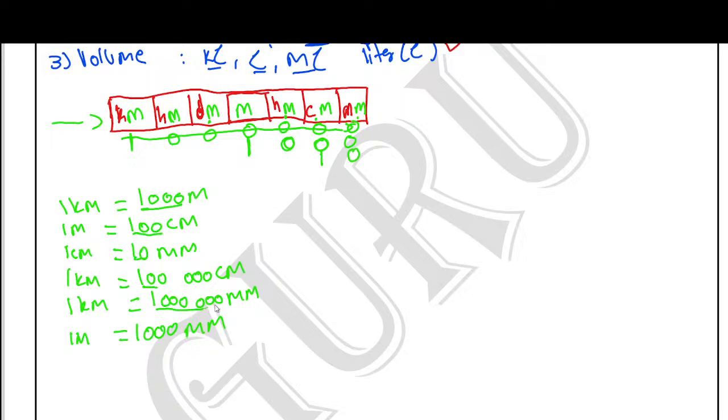We call them relationship numbers, meaning that the relationship number between kilometers and meters is 1000. What is the relationship number between meters and centimeters? It is 100. The relationship number between centimeters and millimeters is 10.